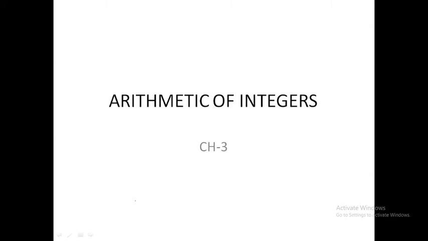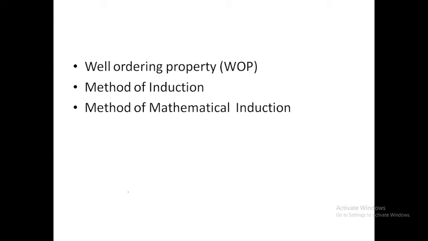In this chapter, we shall learn the well ordering property of natural numbers, the method of induction, and the method of mathematical induction. That is in the first exercise, 3.1. We shall learn all this: well ordering property, method of induction, method of mathematical induction.